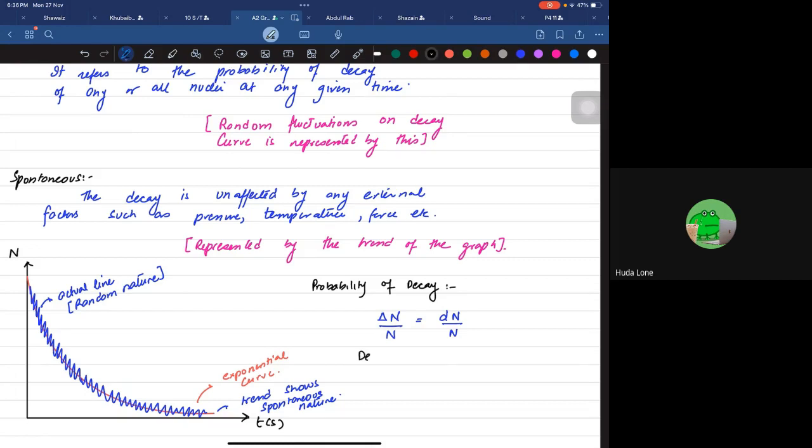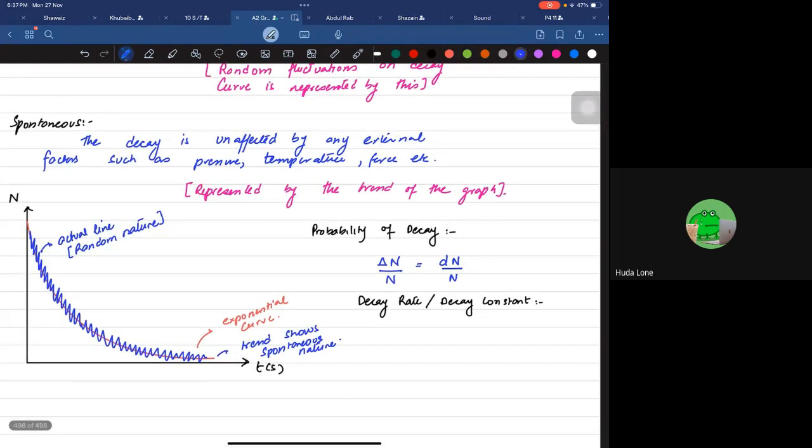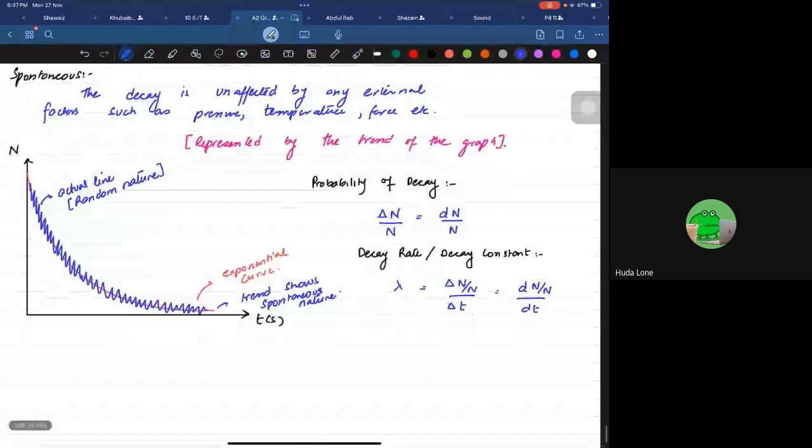Then decay rate, or decay constant. The decay rate or decay constant is called lambda, and it is the probability of decay per unit time, or you can simply write it as change in probability of decay divided by dt. For math people, you know what derivatives are.